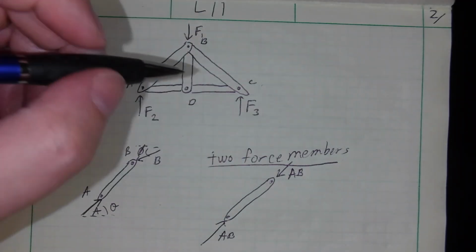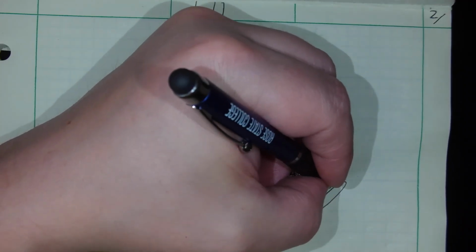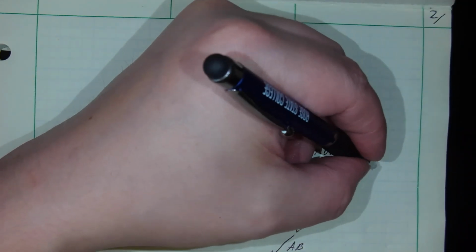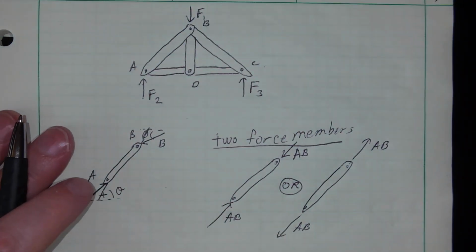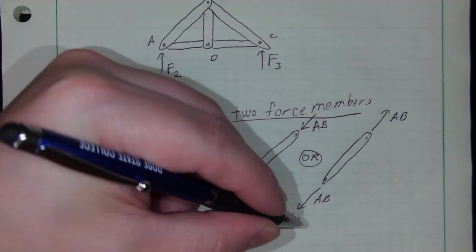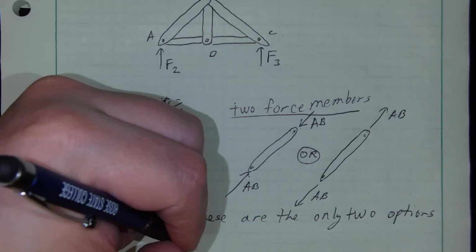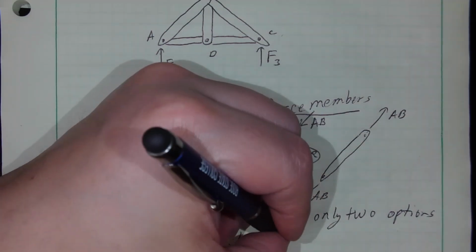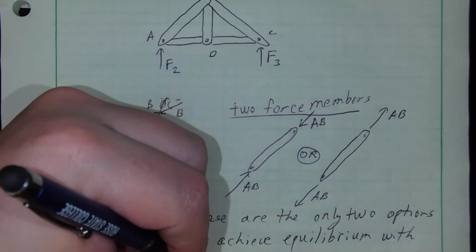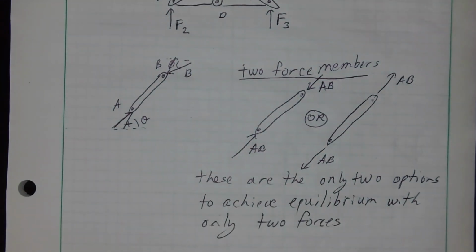So the only way this is going to exist in equilibrium is if these two forces are pushing or these two forces are pulling. Those are the only two options to achieve equilibrium with only two forces.